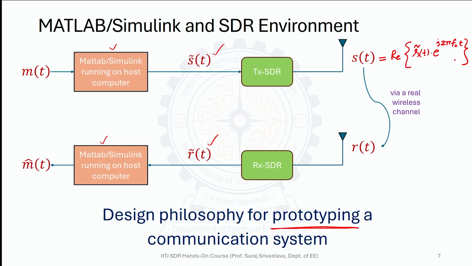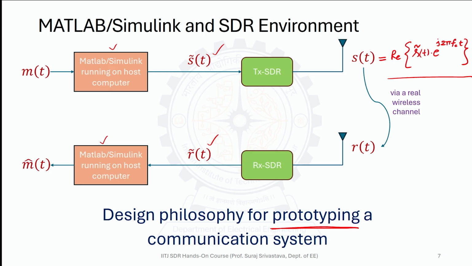Irrespective of whether S tilde t is amplitude modulated, frequency modulated or any digital modulation, the generation of ST from S tilde t is fairly standard. We'll go through this expression once again when we establish the relationship between ST and S tilde t.